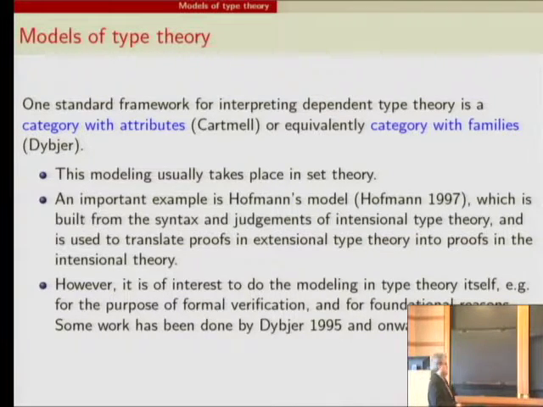Another kind of modeling of type theory in itself is to make it closer to type theory itself, so that definitional equalities of type theory are interpreted as definitional equalities of type theory again. There are examples by Per Martin-Löf and others who have done this. But we want to really consider the classical structures, like categories with attributes, which we shall concentrate on. How would they look inside of type theory?